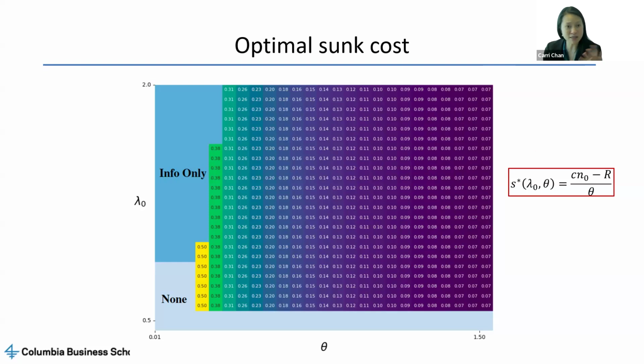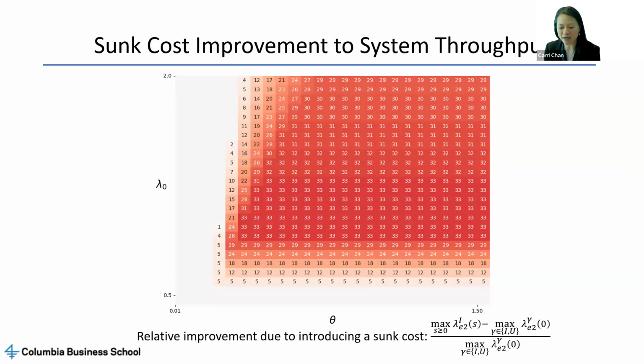And so we see that it actually matters a lot, but does it matter in terms of what the actual performance is of the system? So we wanted to understand what is the impact of introducing a sunk cost.